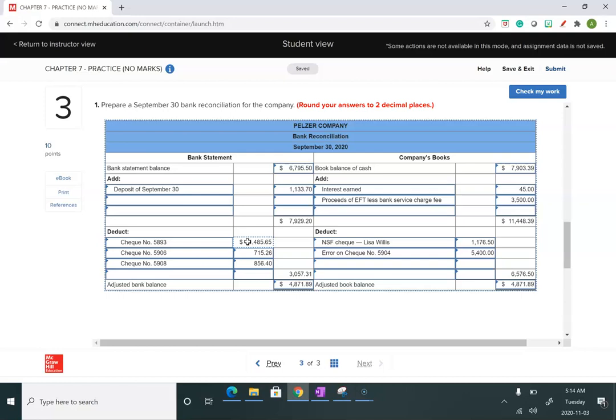So those are the only adjustments I will allow. And then on the company's book side, all we're trying to do is figure out any missed transactions that we haven't put through our books, plus any errors that we've made so we can fix them. And then that way we get our books to match our adjusted bank balance. And then that's what's going to be on the balance sheet. And that's it.